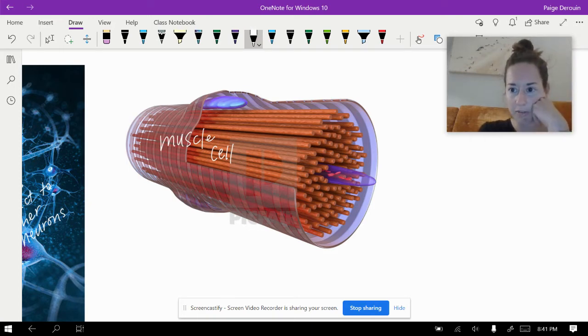Every time you're moving, breathing, being alive, these muscle fibers are able to do that. A cool thing about muscle cells is that they actually have more than one nucleus. You can see one here at the top, one down at the bottom, and one here in the middle. That allows them to contract in different areas at different times.